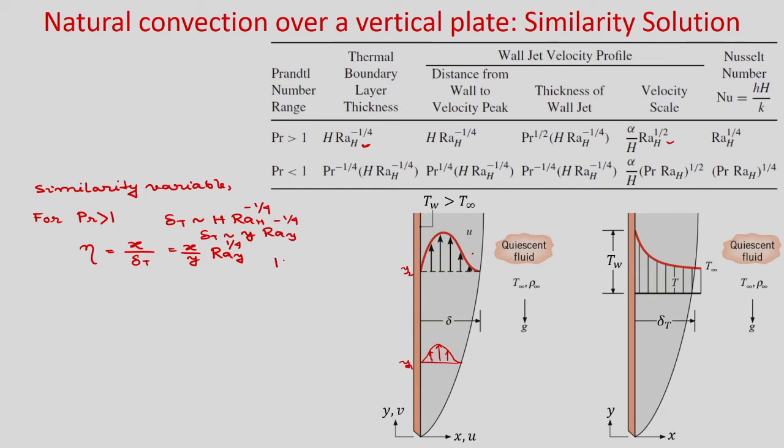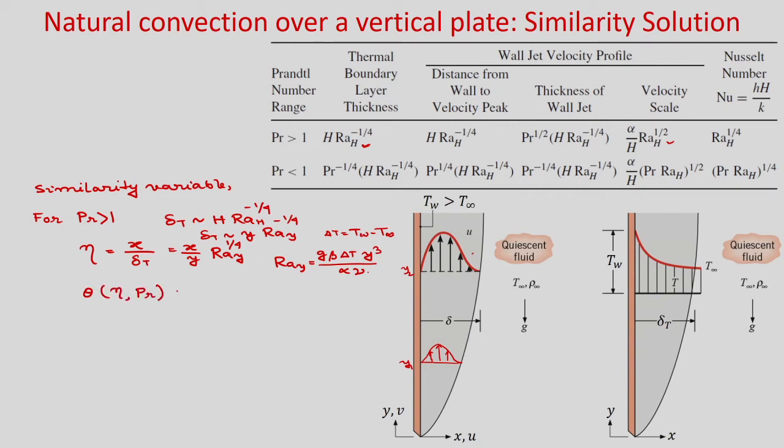Here the Rayleigh number is defined as g beta delta T, which is T_w minus T infinity, and y cube divided by alpha nu. Now you can see theta, which is a function of eta as well as the Prandtl number.